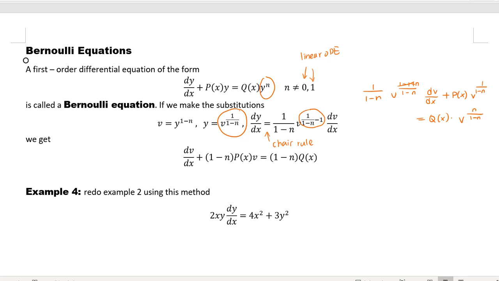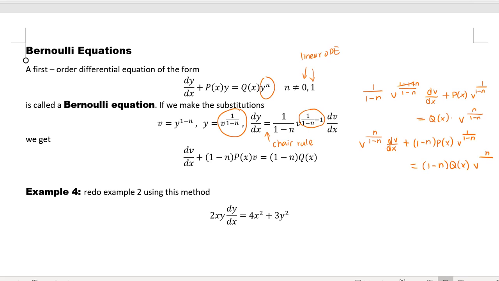Let's see. Okay, so we want to make the coefficient of dv dx is 1. So let's see. Both sides multiply by 1 minus n. We get v to the n over 1 minus n, times 1 minus n, dv dx plus 1 minus n p of x, v to the 1 over 1 minus n equals 1 minus n q of x.